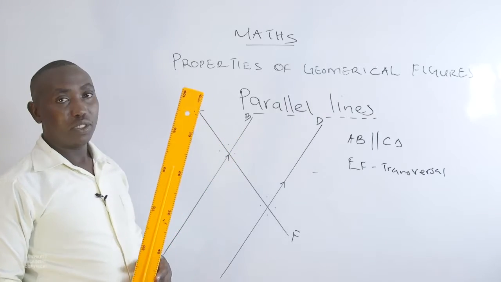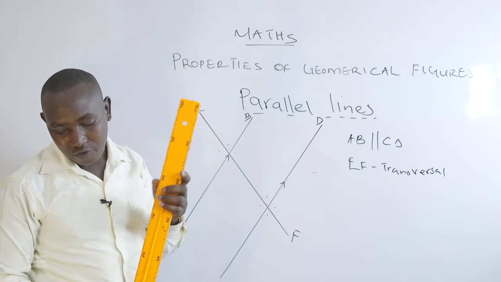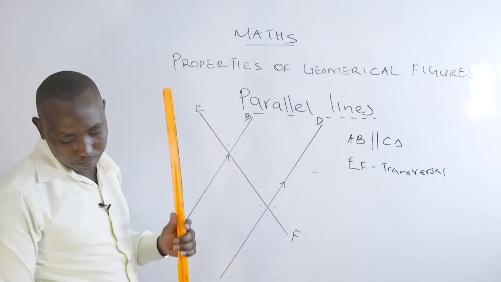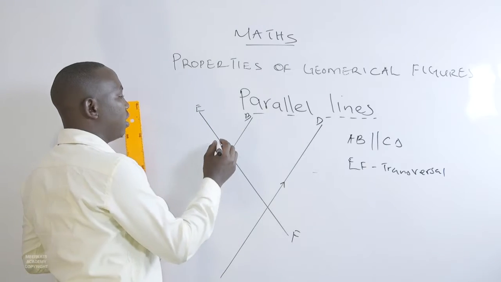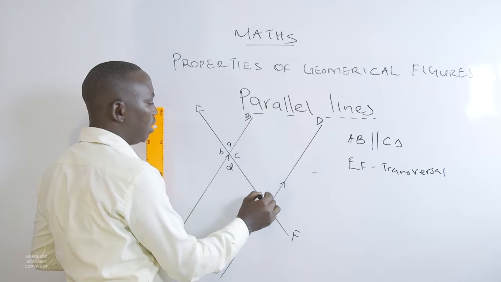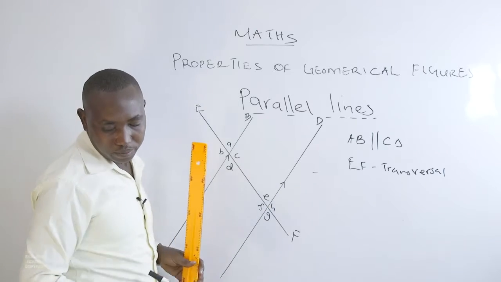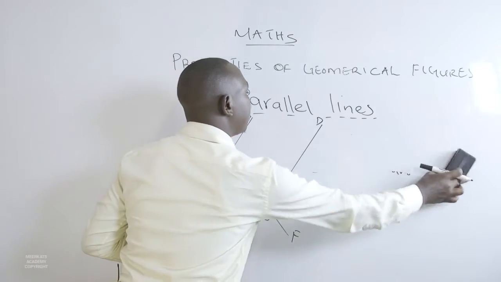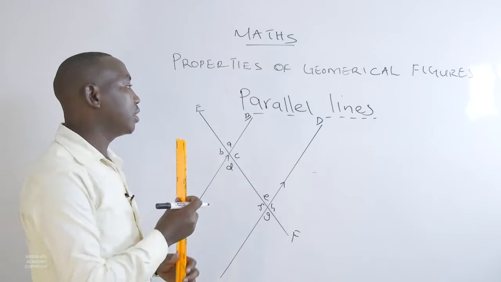Now these angles that are formed by the transversal and the parallel lines have different names. So let me call these angles A, B, C, D, E, F, G, H. So a transversal creates all those angles.